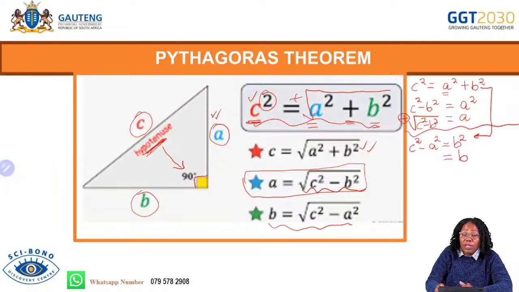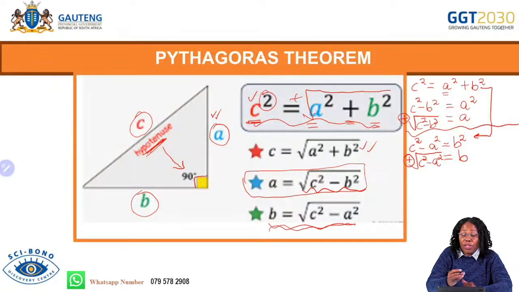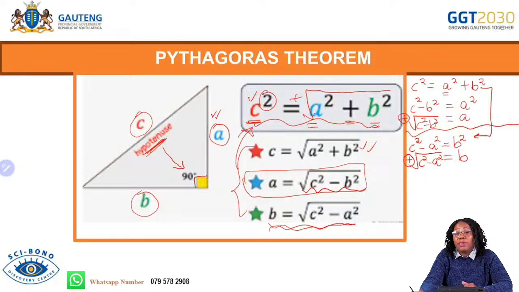And if this side loses an exponent, this side will gain a plus or minus square root of whatever you have on this side. But because it's a length, that is why you consider only the positive answer there. So hence we have this notation where B is equal to the square root of C squared minus A squared. They are all informed by this original that came from Pythagoras theorem.